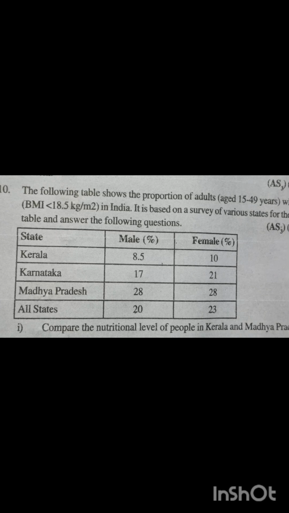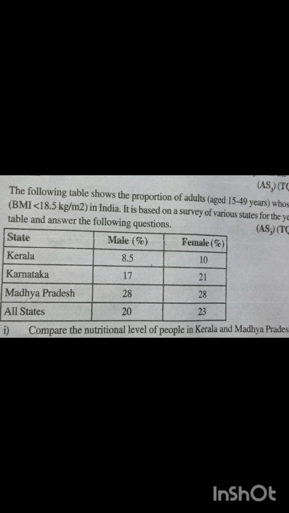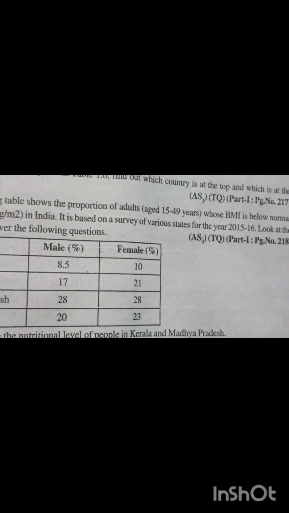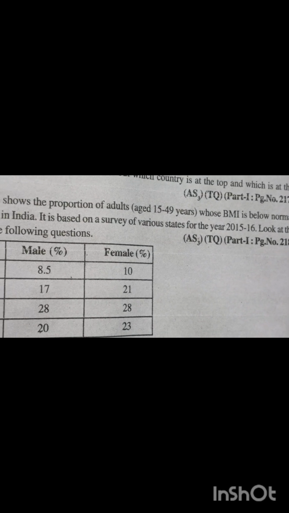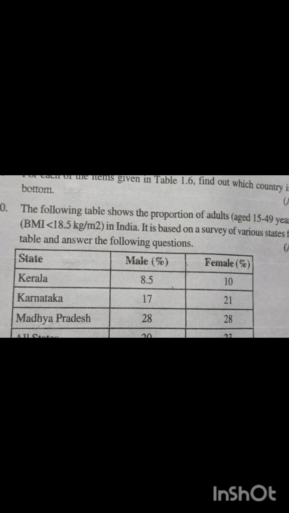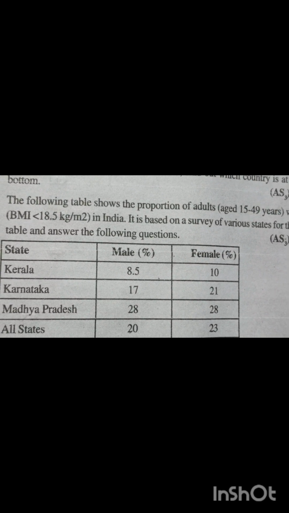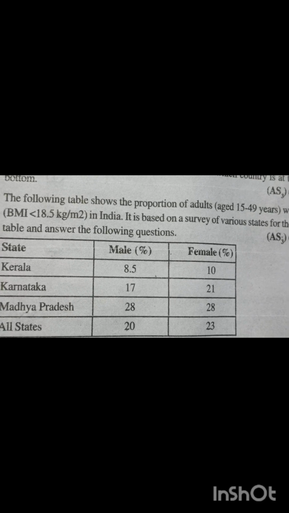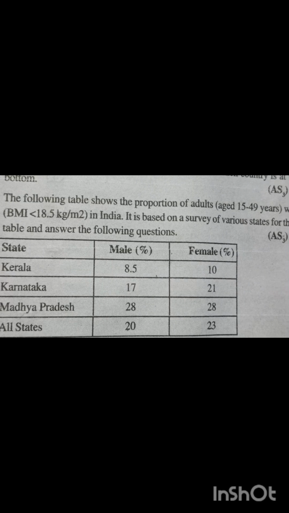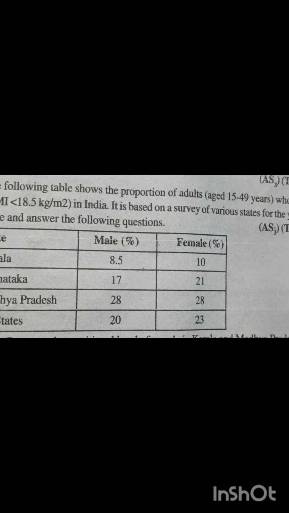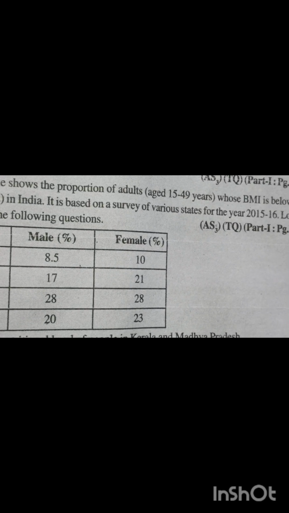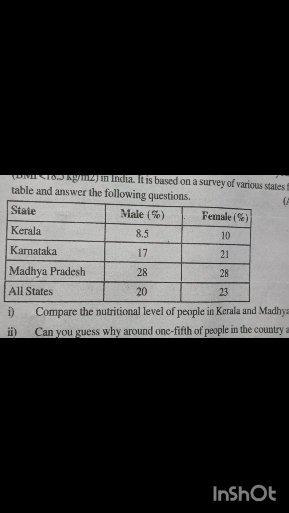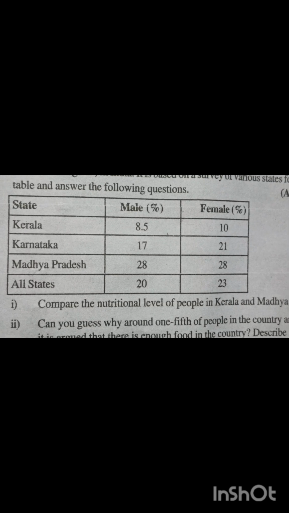The following table shows the proportion of adults aged 15 to 49 years whose BMI is below normal, BMI less than 18.5 kgs per meter squared. In India, it is based on a survey of various states for the year 2015 and 16. Look at the table and answer the following questions.